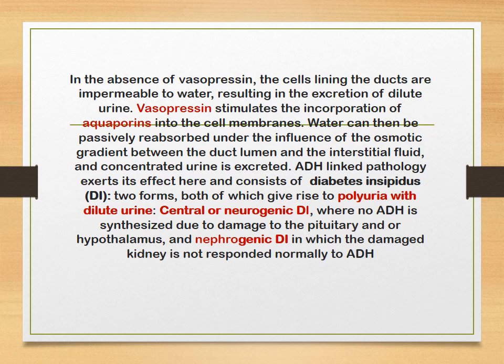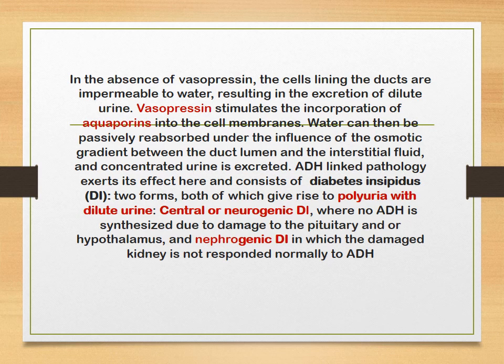Water movement across the membrane needs the aquaporin channel that is stimulated by vasopressin. Then water will move according to the osmotic gradient between the lumen and the renal epithelial cells, resulting in what? In excretion of concentrated urine.